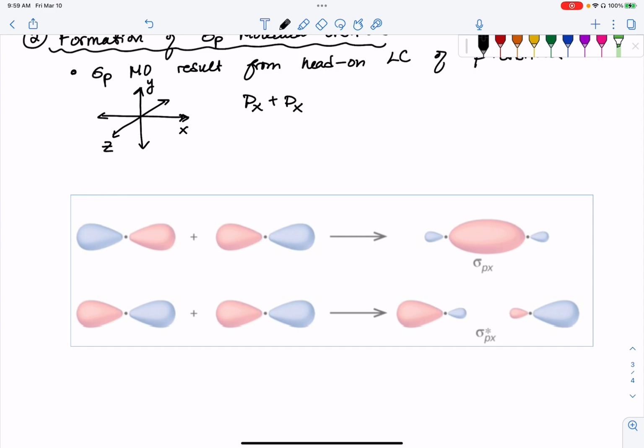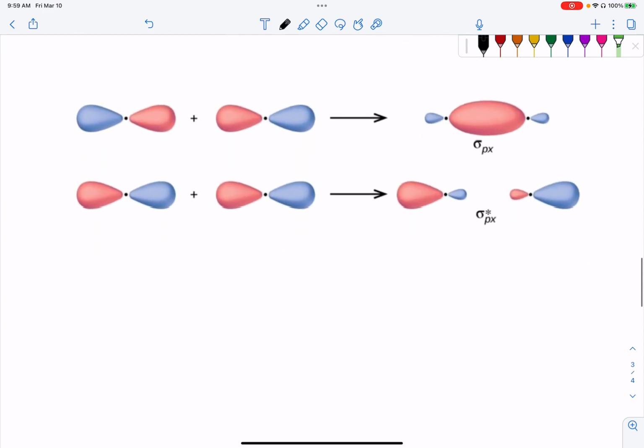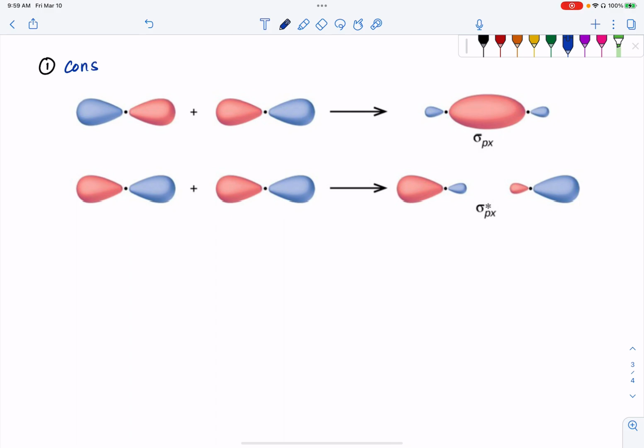So here we have our linear combinations of our p orbitals. So up top here, this is our constructive or our additive MO.